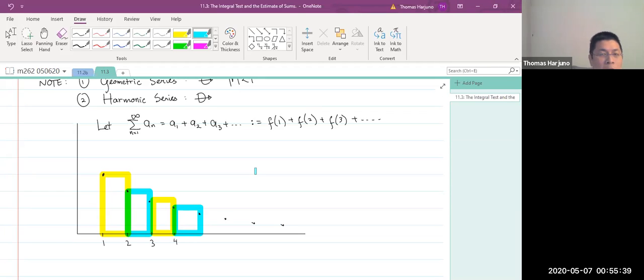But the total area of those highlighted boxes apparently is more than the area under the curve here, if I connect these dots.